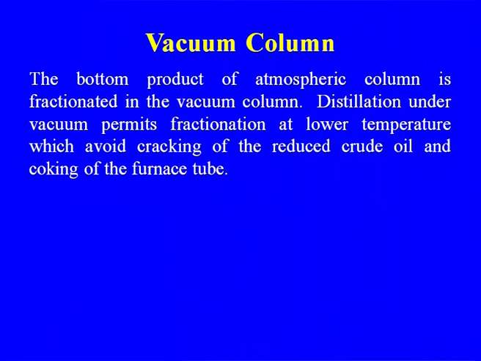So, to avoid that, we are fractionating the residue from the atmospheric column in the vacuum column. Distillation under vacuum permits the fractionation, as I told you, at a lower temperature, which avoids cracking of the reduced crude oil and coking of the furnaces also.